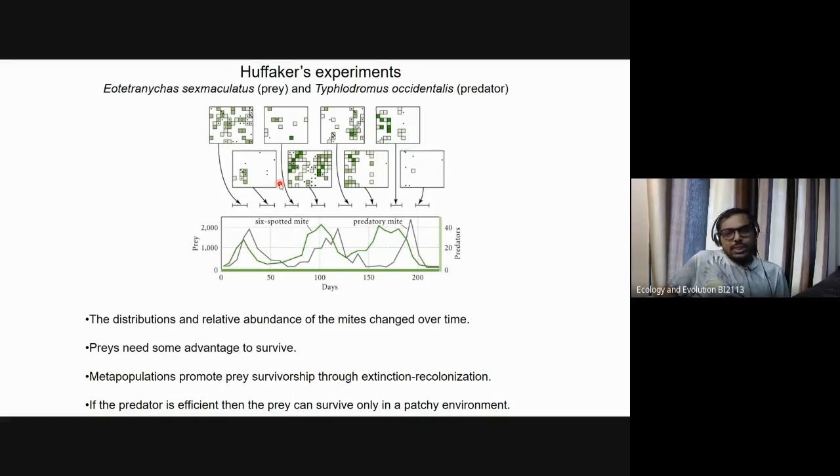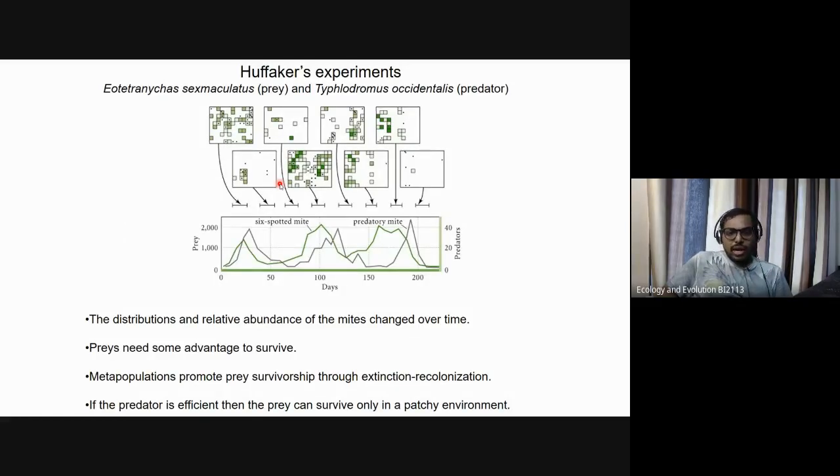Now this in some sense makes sense, because each time there is a prey-predator interaction, the predator at most loses a meal, and it has to lose a very large number of meals before it dies of hunger. However, each encounter of a predator with a prey is in some sense enough for the prey to lose its life. So the prey has more at stake compared to the predator.